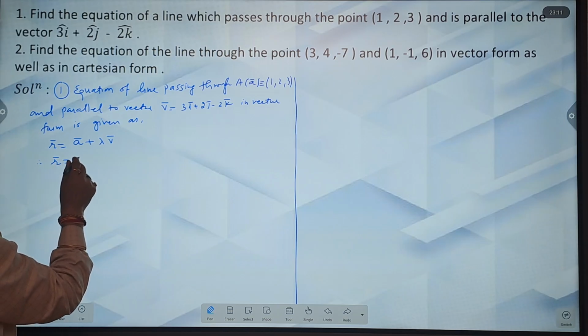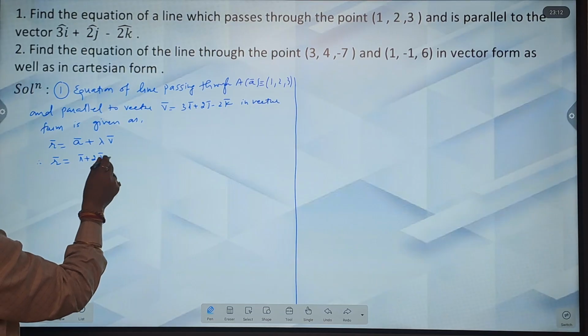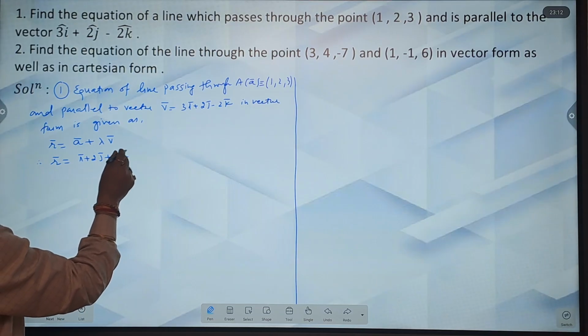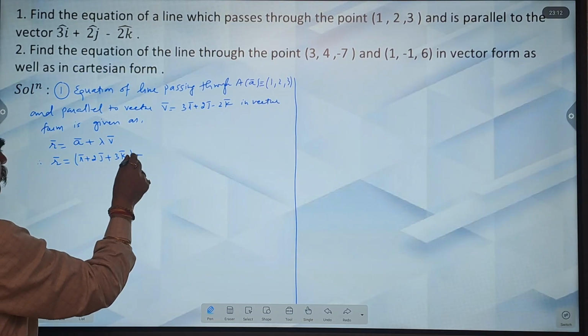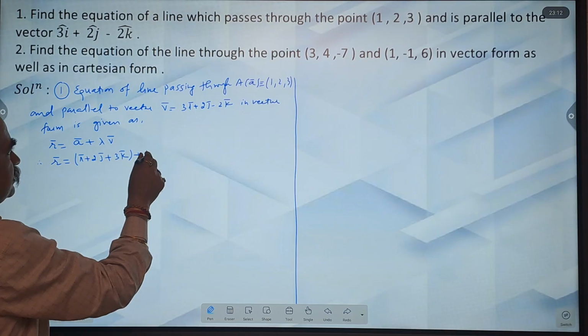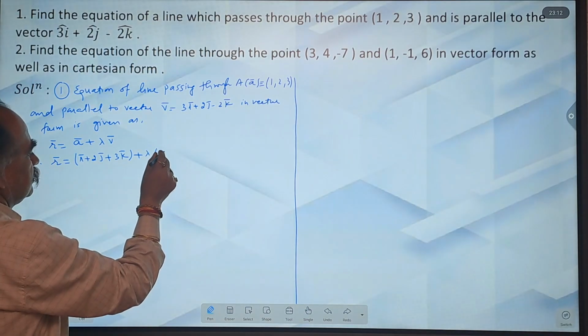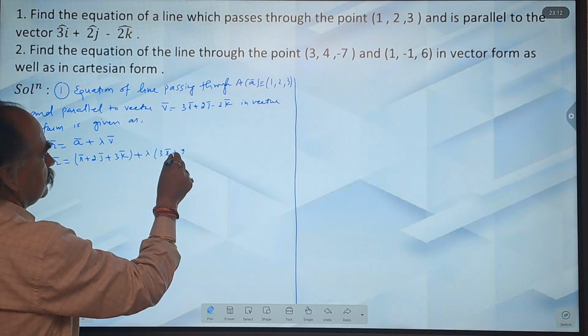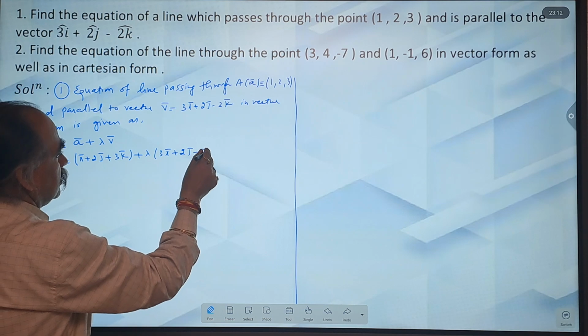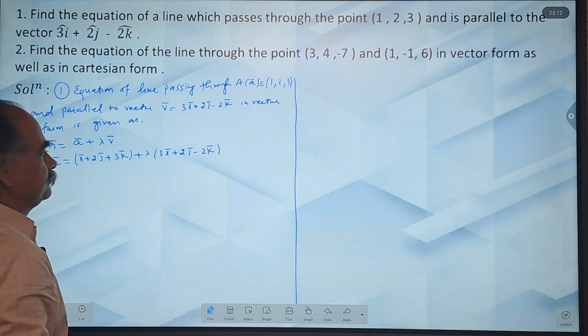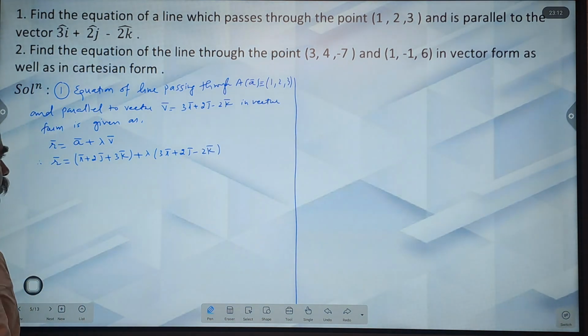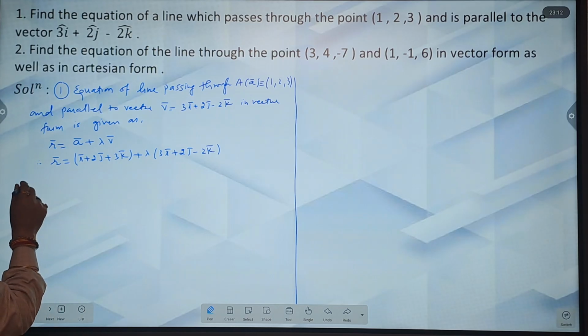A bar is i plus 2j plus 3k, plus lambda times v bar, which is 3i plus 2j minus 2k. This is in vector form.